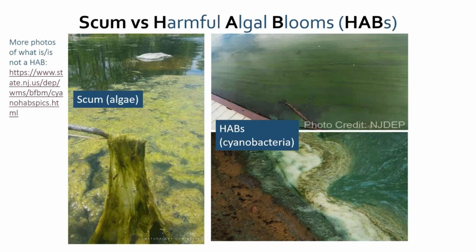So to reinforce that thought, on the left is scum or algae that holds together if you were to poke it with a stick, and on the right are some examples of harmful algal blooms or from cyanobacteria. If you were to poke it, it would stir around, but you wouldn't be able to pick anything up. It would just be in the water. And if you do think something is a harmful algal bloom, again, you should report that, and DEP can follow up to see if it is or not.